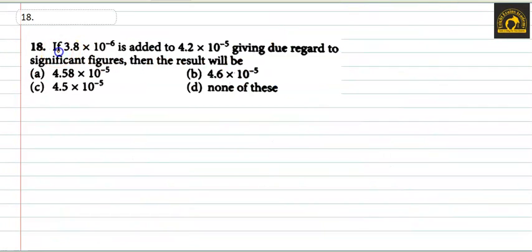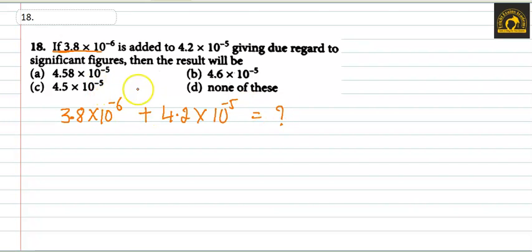Question number 18. If 3.8 into 10 to the power of minus 6 is added with 4.2 into 10 to the power of minus 5, give the result in significant figures.